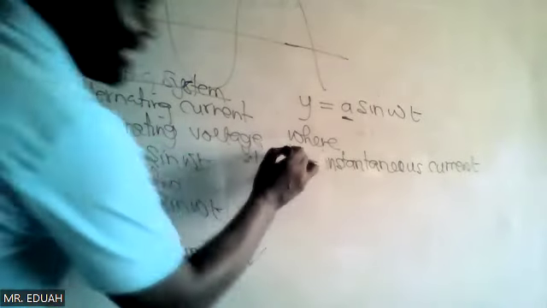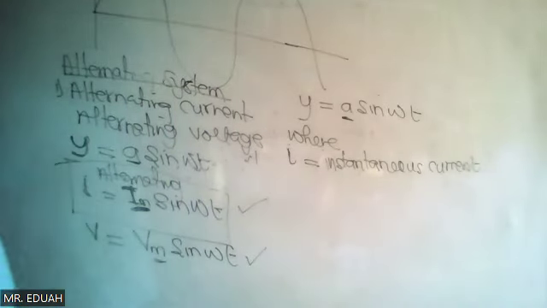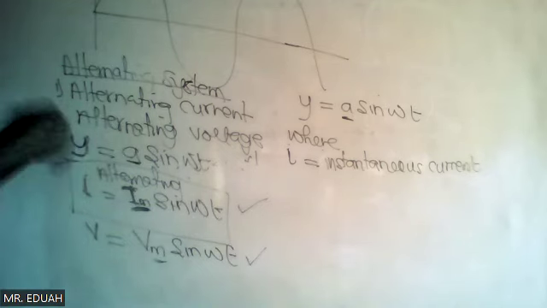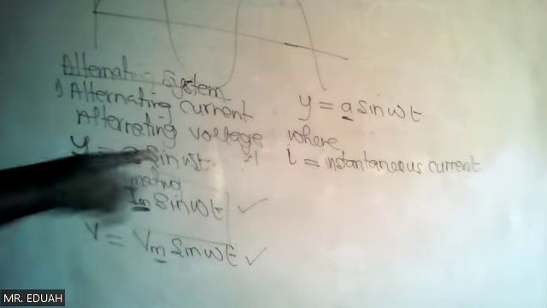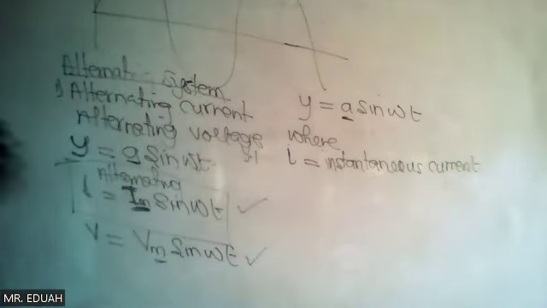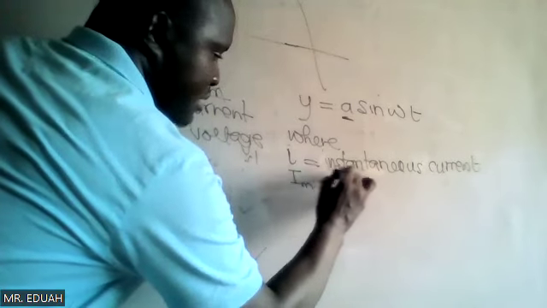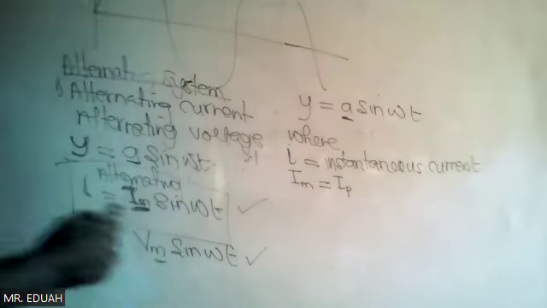So I is the current within that time instant. That's why I asked, what does this y mean? Y means the displacement within that given time t. So the current within that time t, hence instantaneous current. This is often represented as Im. You can see in other books Ip. When it's P, it means peak.